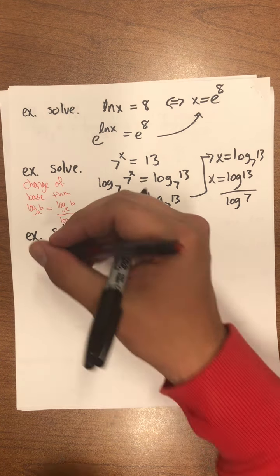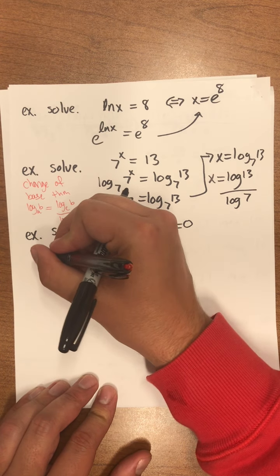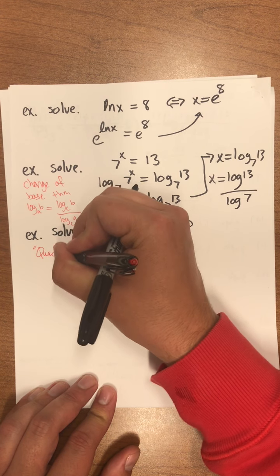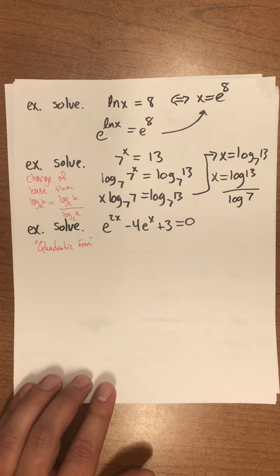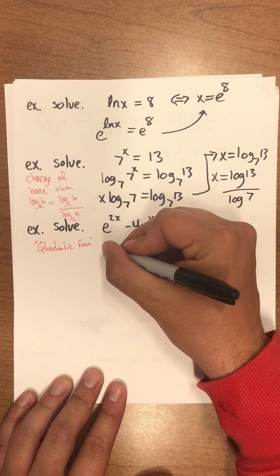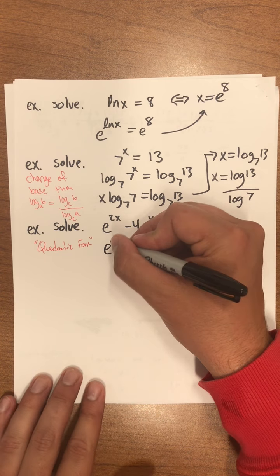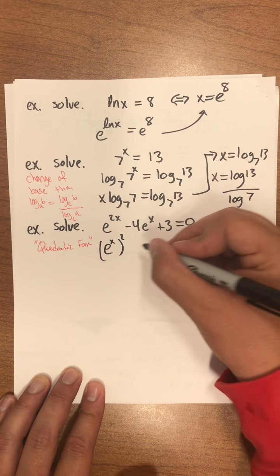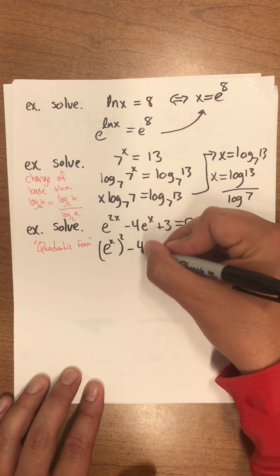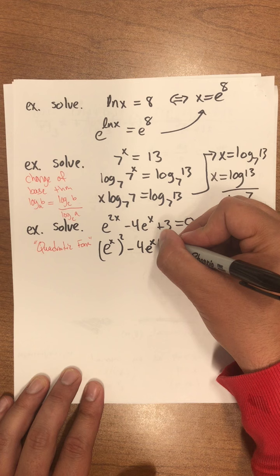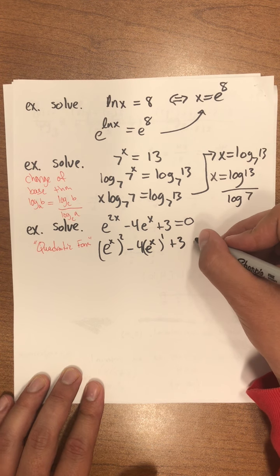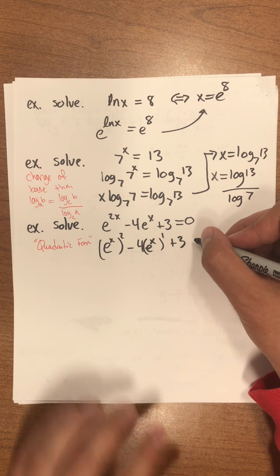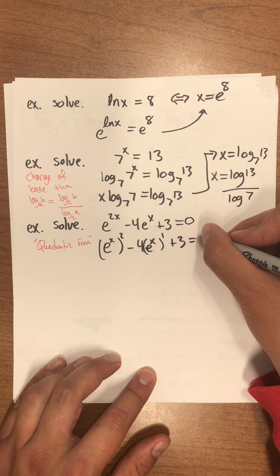Okay, this is an equation in quadratic form. So notice that e to the 2x is e to the x squared, minus 4 e to the x to the first plus 3, and that would technically be e to the x to the 0th power multiplied by that 3.